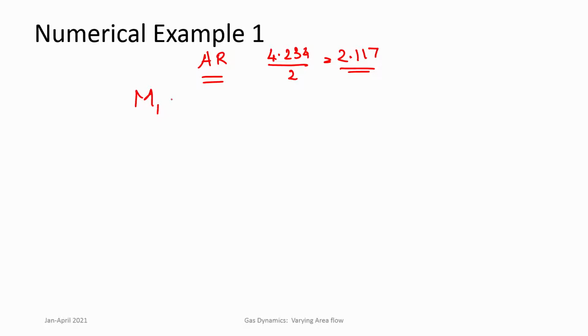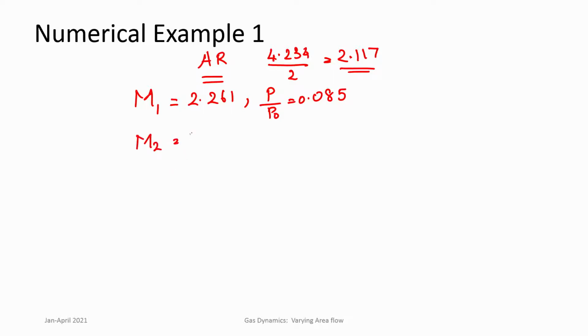So M1 is known, so you can find that out, it is 2.261, and corresponding to this area ratio the P by P naught is 0.085. Now the shock is at this particular area ratio, so M1 is 2.261. So you can find what is M2 after the shock.